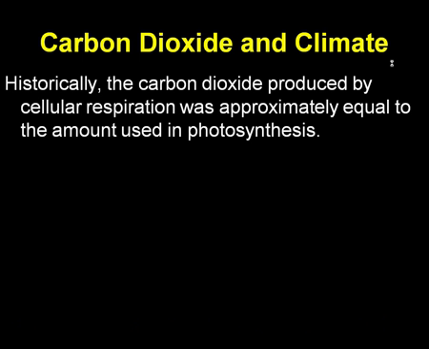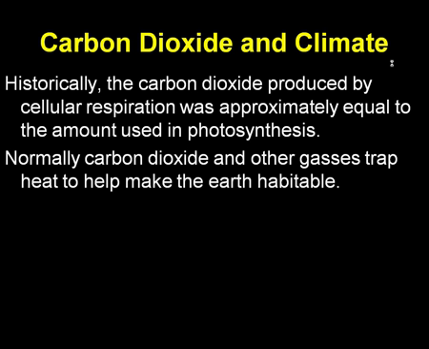Carbon dioxide and climate. Historically, the carbon dioxide produced by cellular respiration was approximately equal to the amount used in photosynthesis, and so we didn't see a significant change in atmospheric carbon dioxide. Normally, carbon dioxide and other gases such as methane, known as greenhouse gases, trap heat to make the Earth habitable.